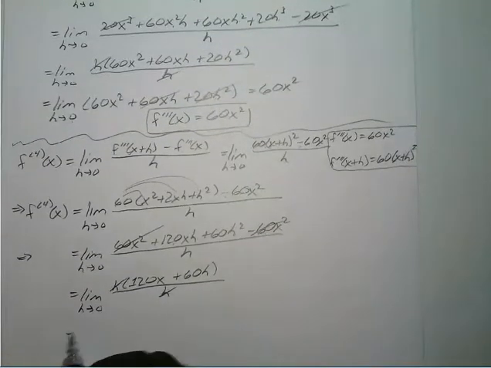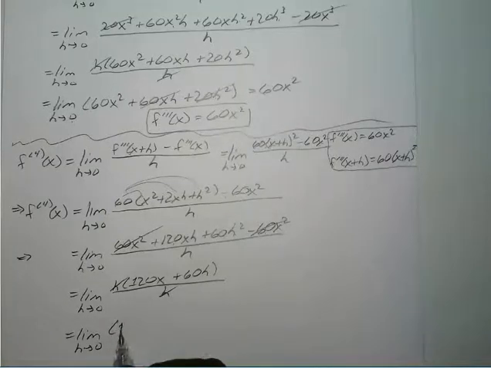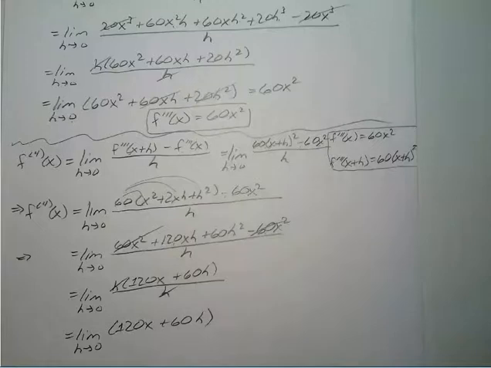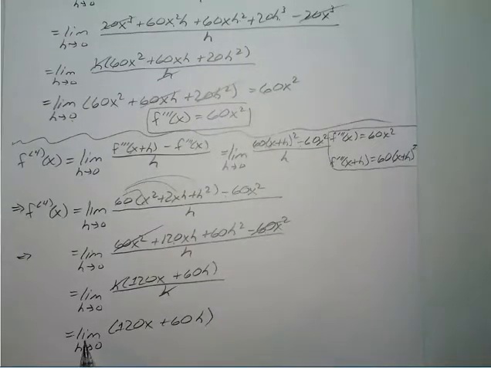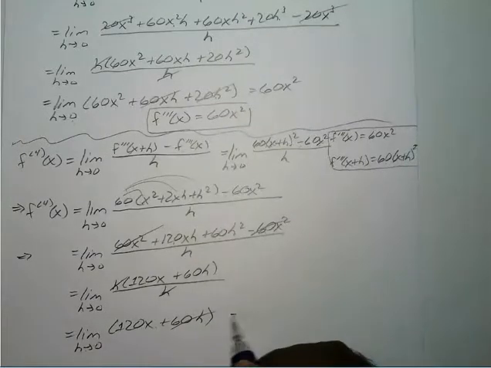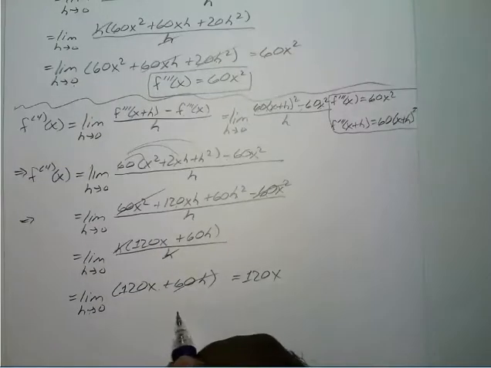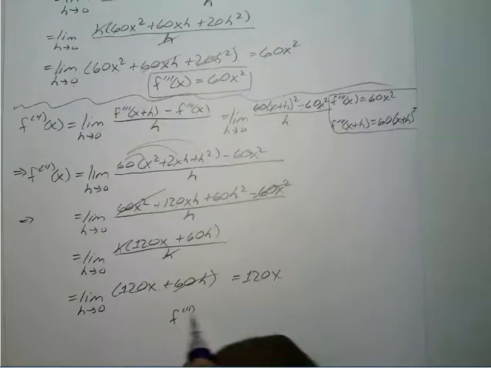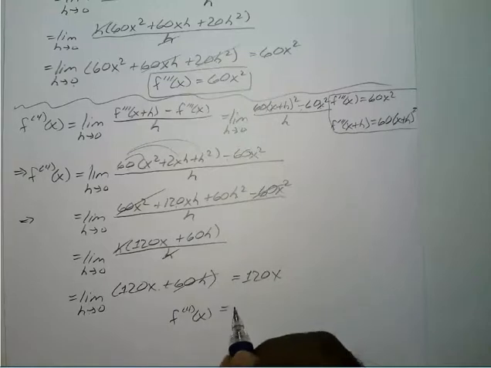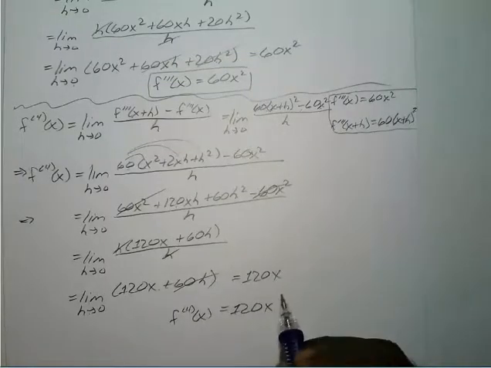Okay, so that leaves us with the limit as h approaches 0 of 120x plus 60h. Where if we use direct substitution, replace h with 0, that's the one that disappears. So that's going to equal 120x. So our fourth derivative of f with respect to x is 120x.